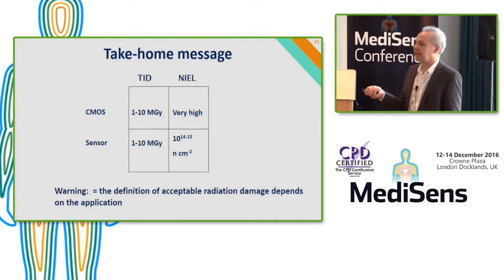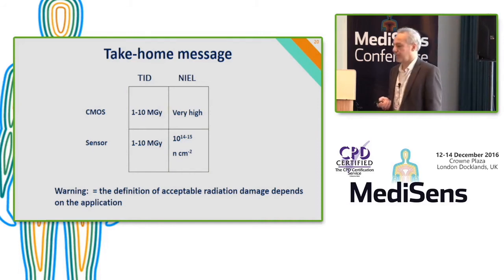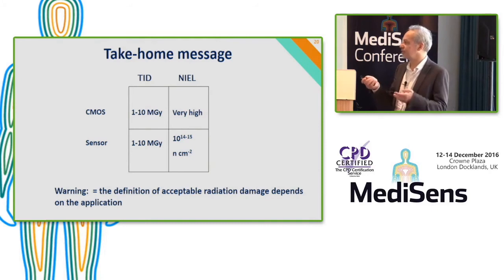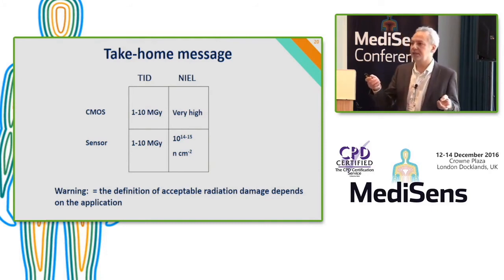But for the sensor part, people working in particle physics, for example, are working towards getting the number to 10 to the 14, 10 to the 15 neutron equivalent, which is a very high number. Just to give an idea, space is more like 10 to the 11 for most applications. So there we're talking three orders of magnitude more.